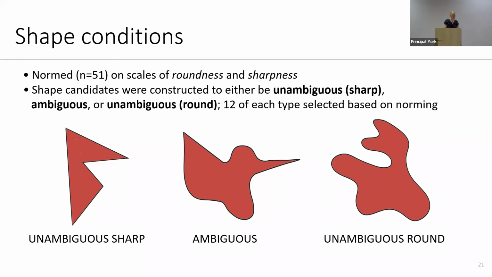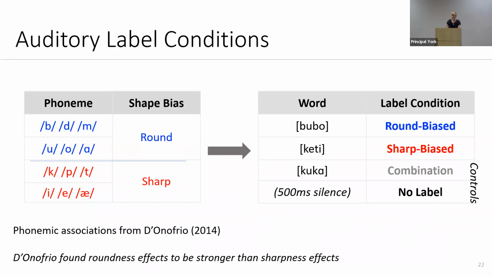Now, the auditory label conditions that we made for our studies were building on work by D'Onofrio 2014, who very carefully identified different phonemes, this is for English, associated with sharpness and roundness. Here we see consonants and vowels cueing roundness in blue at the top, and another set cueing sharpness.